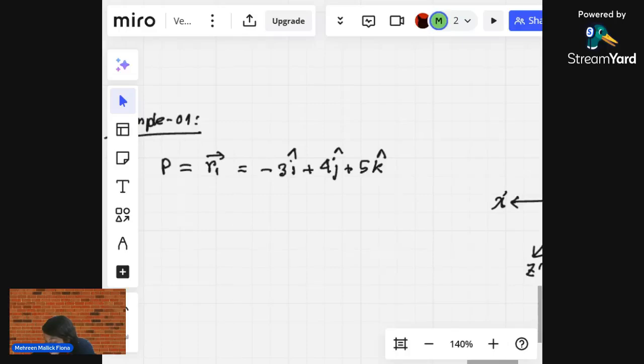If I join these three points, we would visually get an idea of the vector PQ here, and we can grasp its position for the sake of understanding.